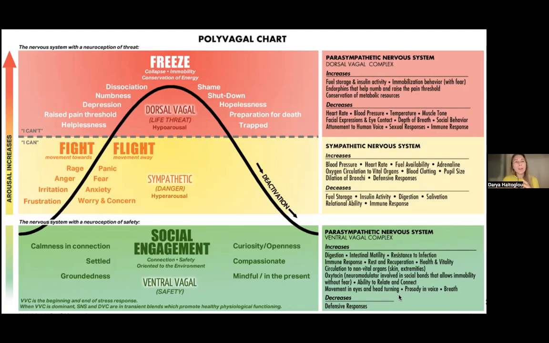So when in the green zone, which is the parasympathetic nervous system, the ventral vagus nerve activation, we are socially connected. That's why it's called social engagement. We're calm, we're grounded, we are curious, we see peripheral vision, we see what's around us.